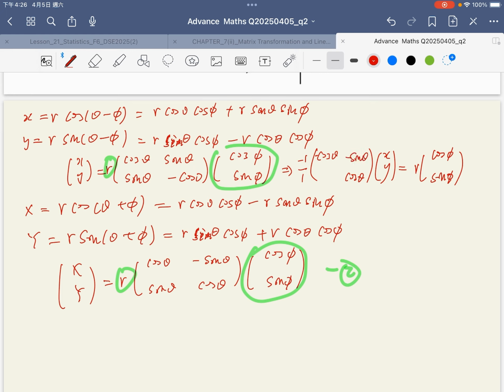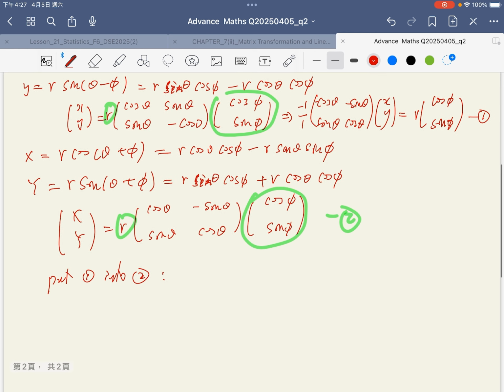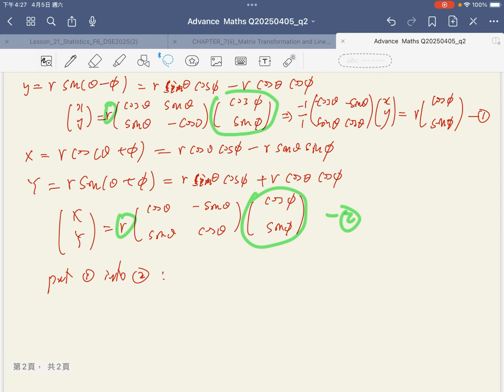That is the inverse of this matrix. This is equation 1. Put equation 1 into equation 2, and we have this one.